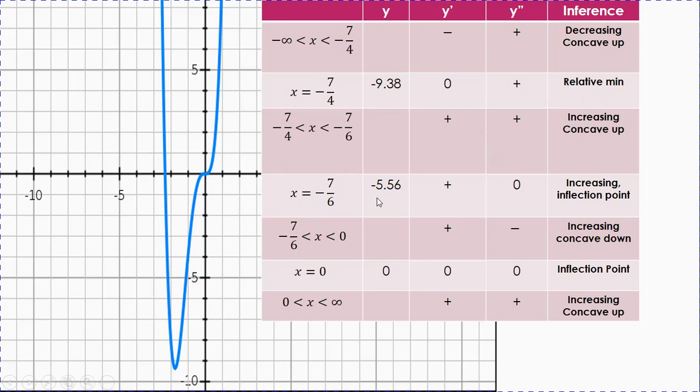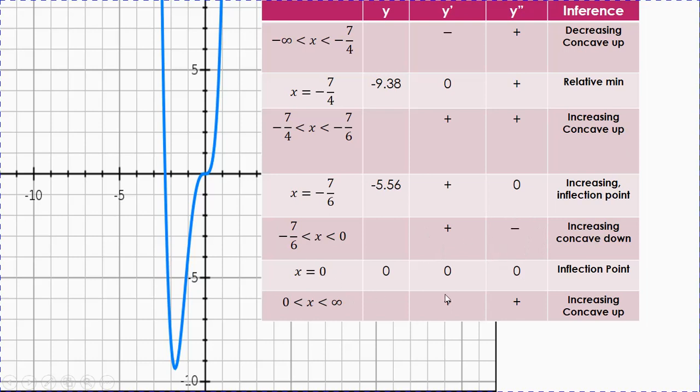At x equals negative 7 over 6, f of negative 7 over 6 is negative 5.56. First derivative is a positive value, so the function is increasing, and the second derivative is 0, so it means that we have an inflection point. If we choose any x between negative 7 over 6 and 0, first derivative is positive, the function is increasing, second derivative is negative, it means that it's actually concave down.